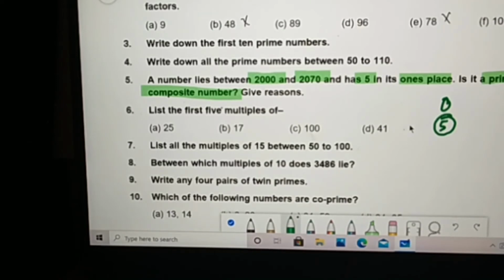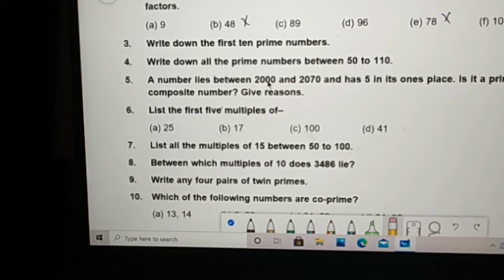You can put any number here, 175 or 285, any such number which has 5 in its ones place won't be a prime number, because it is divisible by 5, which is other than 1 and the number itself. So we will give reasons. What reason will you give?